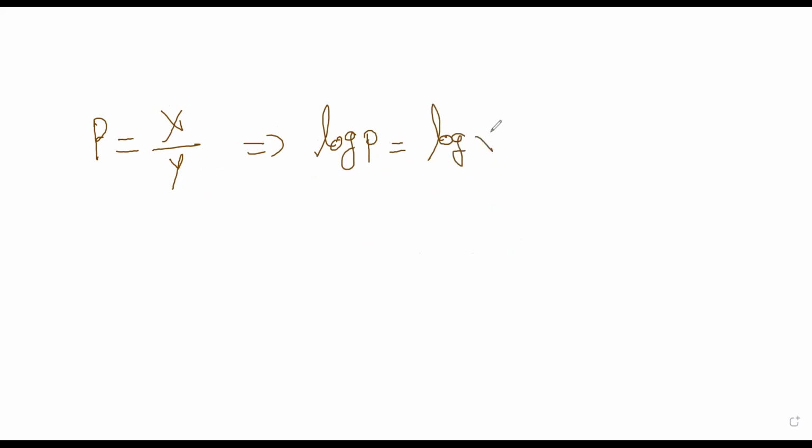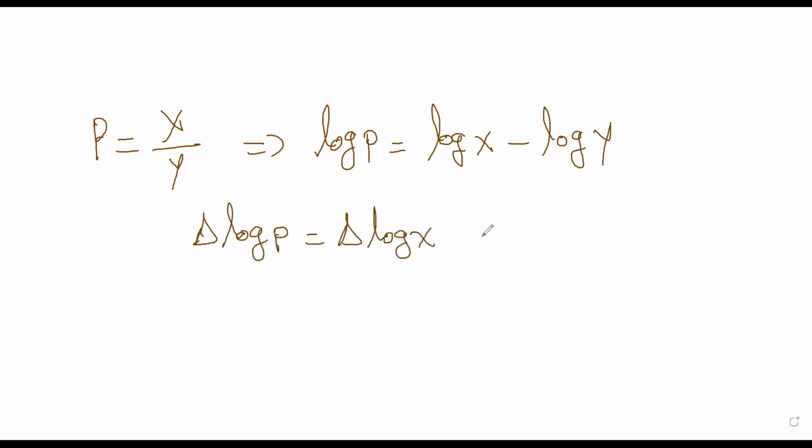And a similar idea: if I have p is equal to x by y, so we write log p is equal to log x minus log y. Now if I take delta on either side, delta log p is equal to delta log x minus delta log y.